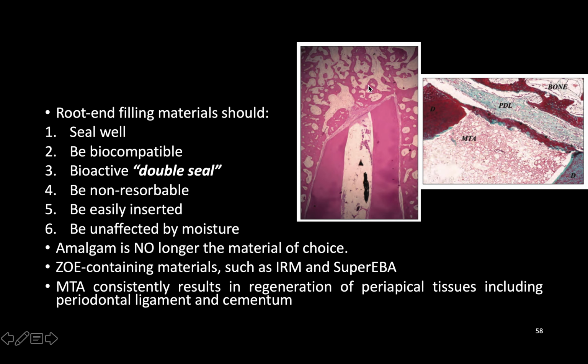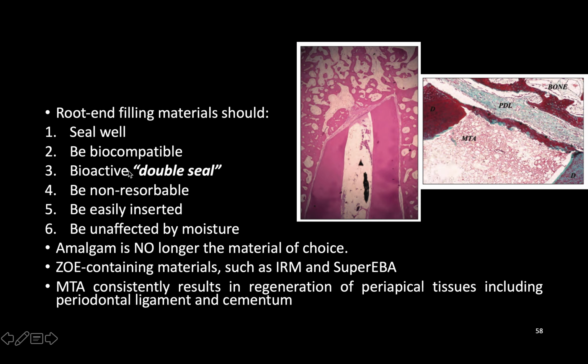And this has been shown to be achievable by using calcium silicate based root end filling materials such as MTA. You can see this is the MTA at the root end, and the periapical tissues have regenerated, so we have periodontal ligament crossing the MTA, and then the bone has also regenerated.